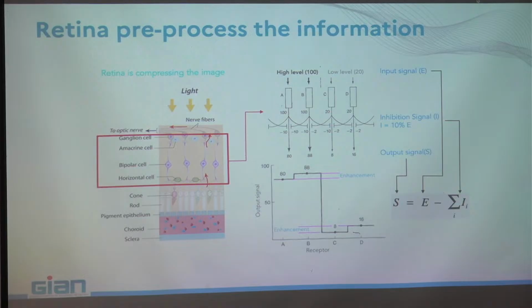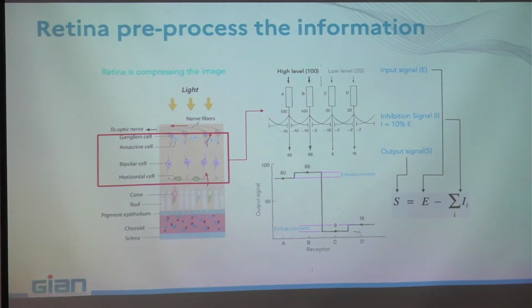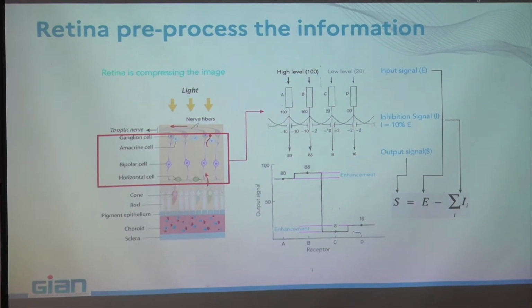Well, what will happen? Our retina will compress the image. Our retina is doing a natural JPEG of the image. And how does that work? If you have cones that are one near the other, each cone has 3 terminations.